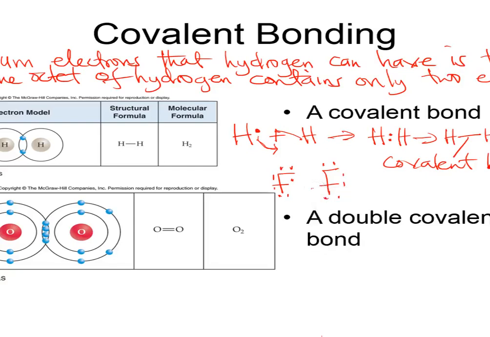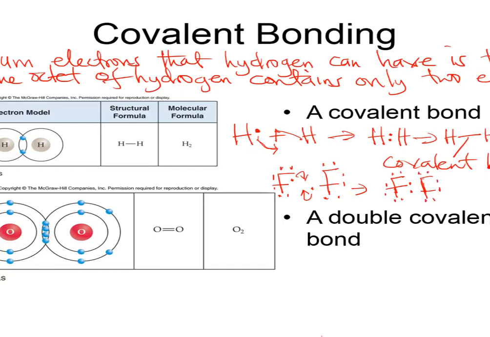These 2 fluorines will combine to fulfill the octet. Because in the end, this fluorine needs 8 electrons. This fluorine also needs 8 electrons. So what will happen? This one will share its electron. This one will share this electron. In the end, you have FF, this shared electron, and then the rest of the electrons.